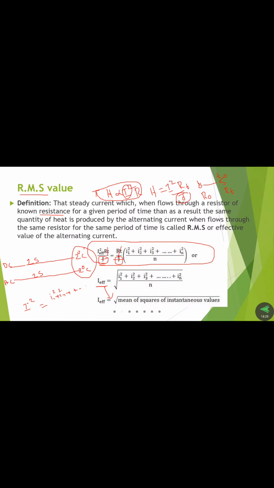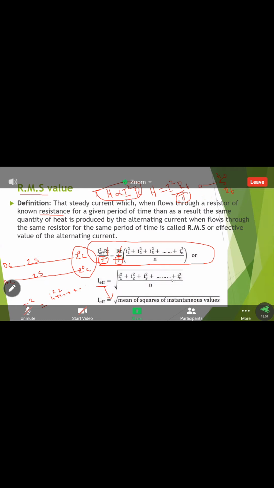So I effective square RT by J is equal to RT by J. So here RT on both sides will get cancelled, and both sides constant of Joule's law also cancel. Then what remains here is I effective square is equal to I1 square plus I2 square plus I3 square up to IN square by N. But here there is no square on the LHS side, so we move to the RHS side.